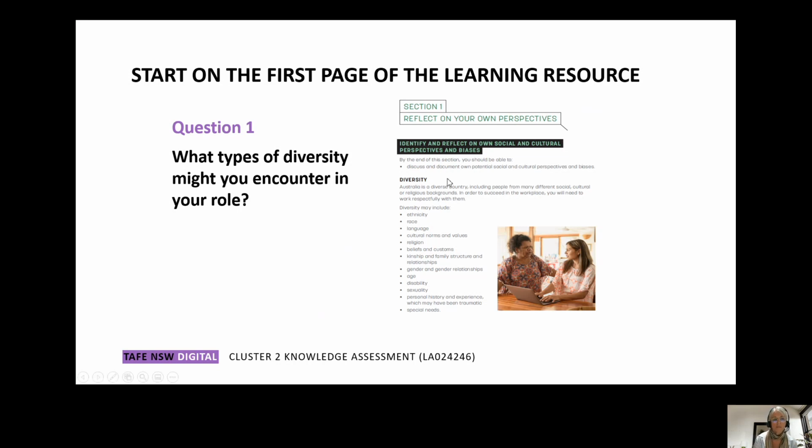This is a really good example because this is the start of the learning resource for this unit, and the first question says, what types of diversity might you encounter in your role? And here it is on the very first page of content, listing the types of diversity you're going to encounter. That's where you'll find the answers to the very first question.